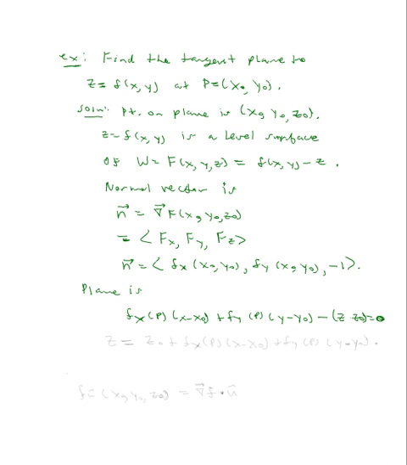And we can solve this equation for z to get z is equal to z sub 0 plus f sub x at P times x minus x sub 0 plus f sub y at P times y minus y sub 0.